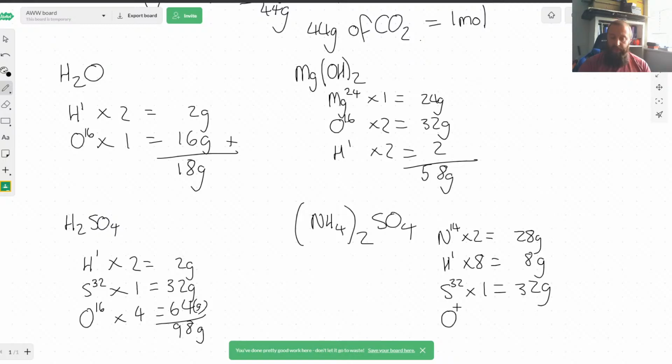And I've got my oxygen. So if I add these up now, 8, 16, 18, 22, 26, 9, 10, 11. So 1 mole of ammonium sulfate would equal 112 grams.